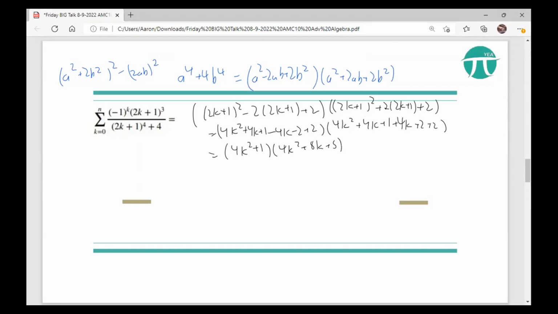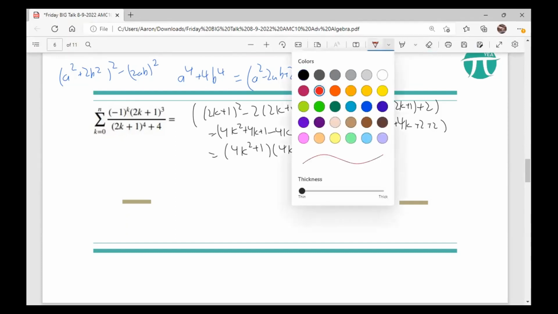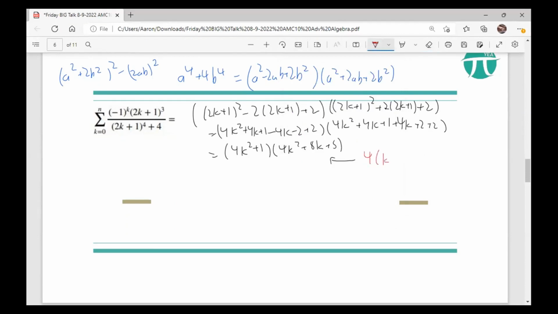And you can see that this is actually just 4 times k plus 1 squared plus 1. So the usual pattern still holds, basically.